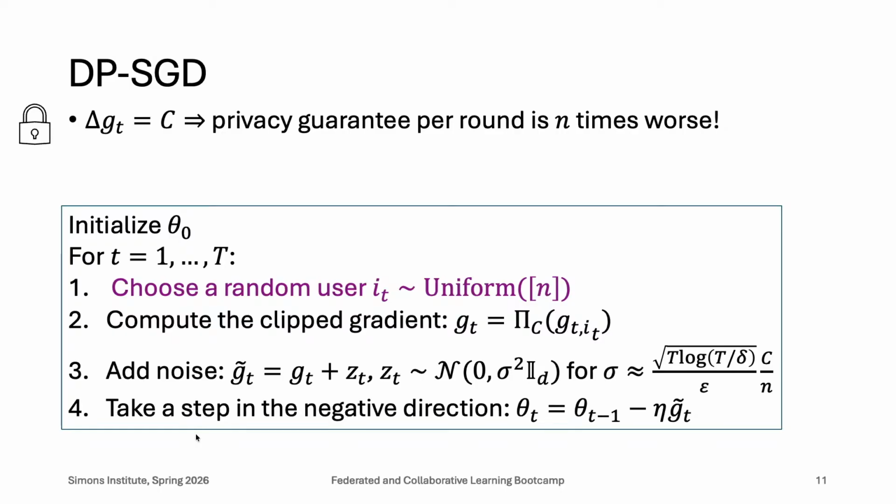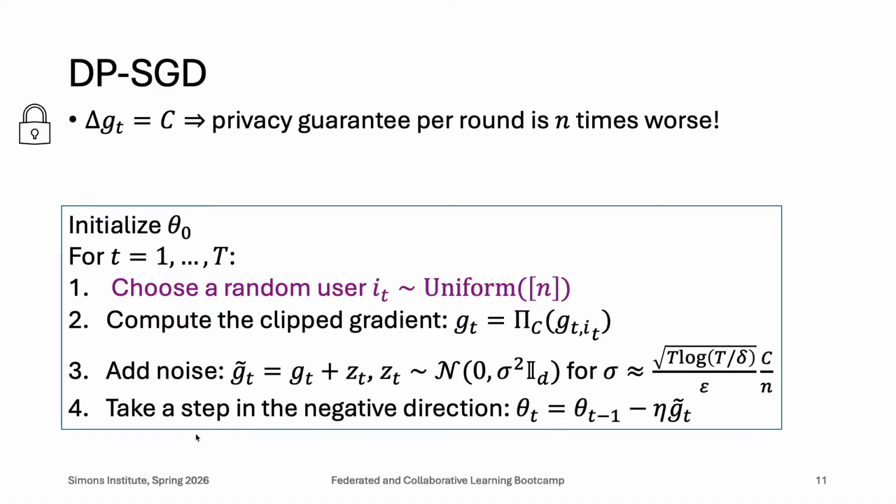If I keep adding this noise, then the privacy of this step is n times worse than before. Or I should delete the n from the amount of noise I'm adding and increase the noise by n in each coordinate. That's a lot, and it would ruin the accuracy 100%.